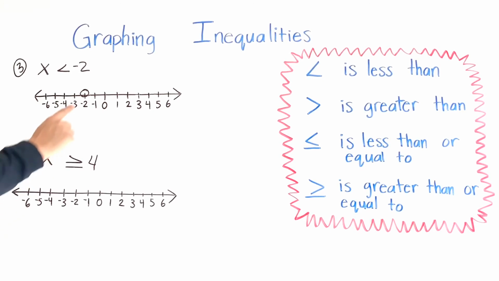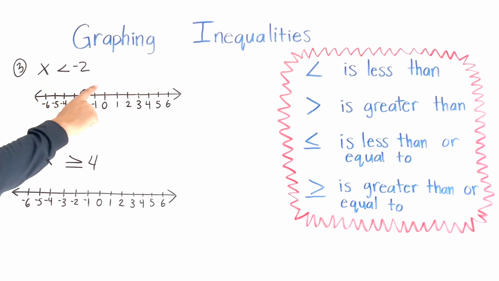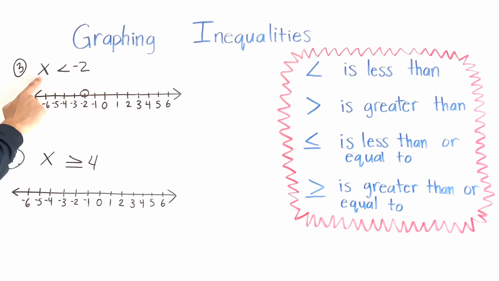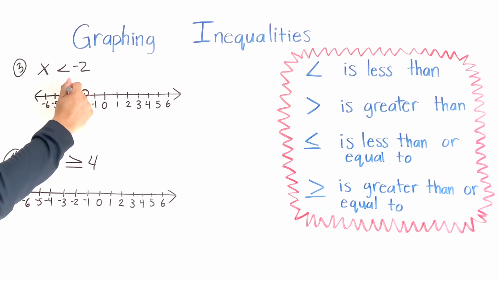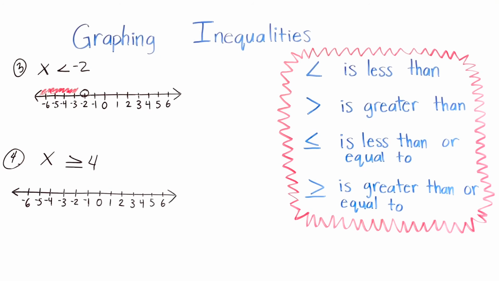And then, do we shade to the right or to the left? If we shade to the right, we're saying that negative 1 is less than negative 2, and if we shade 0, that's not less than negative 2 either. So we're going to shade to your left. Hopefully that's what you guys got.